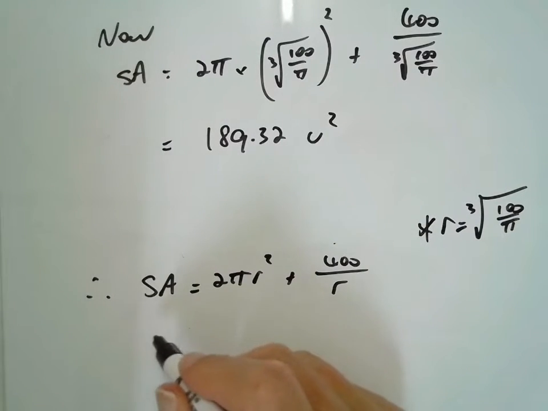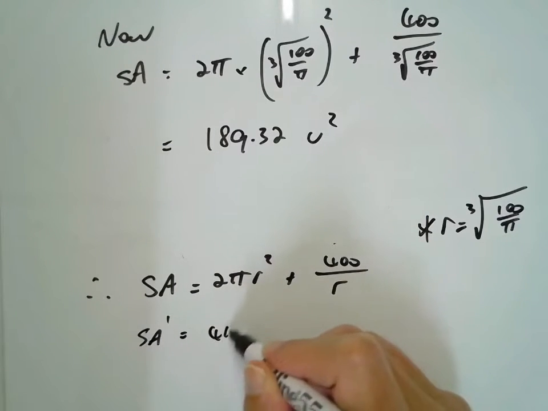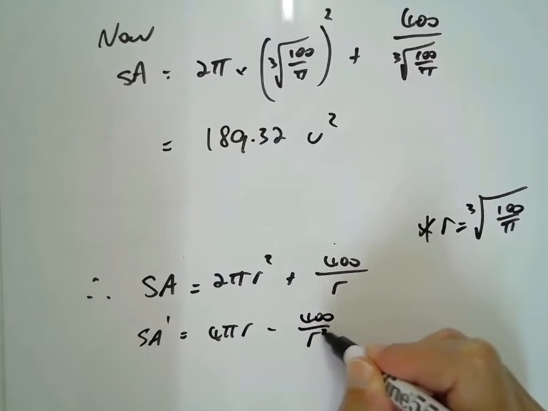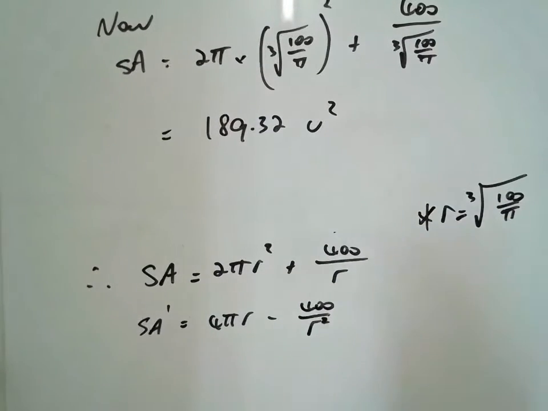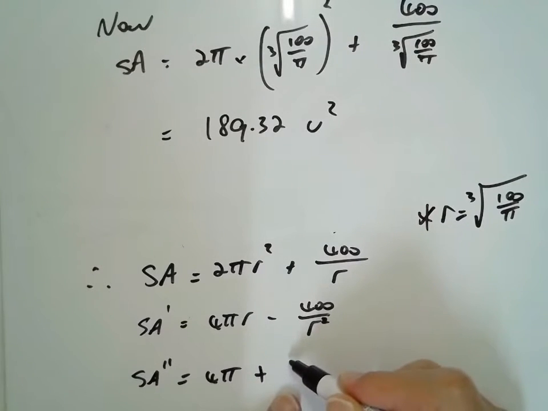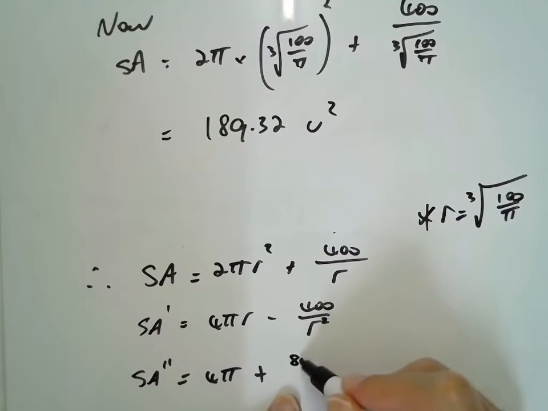We had before that SA dash was 4 pi r minus 400 on r squared. So SA double dash is 4 pi minus, well, that's going to go back to a plus, with the 2 at the front, 800 on r cubed.